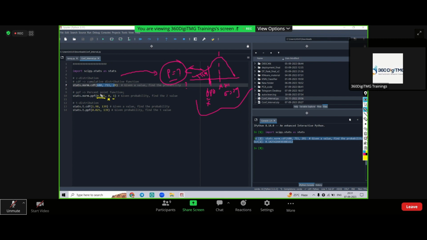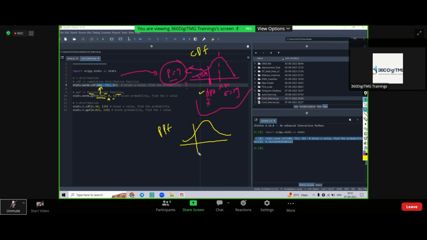You need to find out this point, 680. In this case, probability was not there, but this point x was there. But here what is happening? This is CDF, cumulative distribution function. This is called PPF, percent point function.